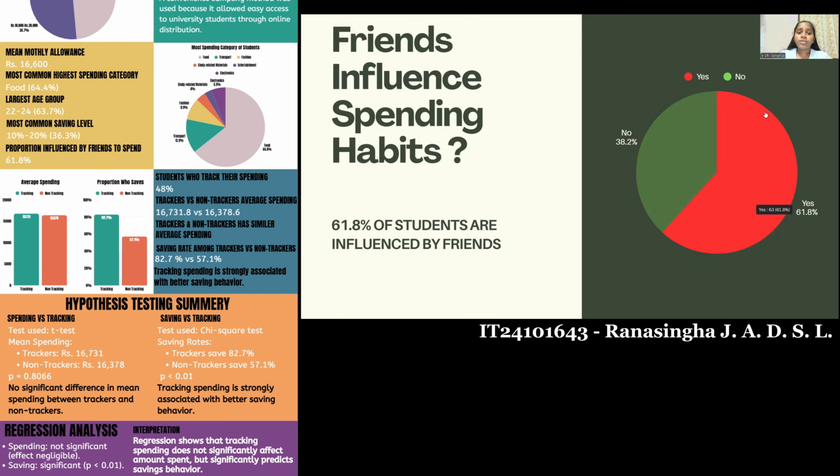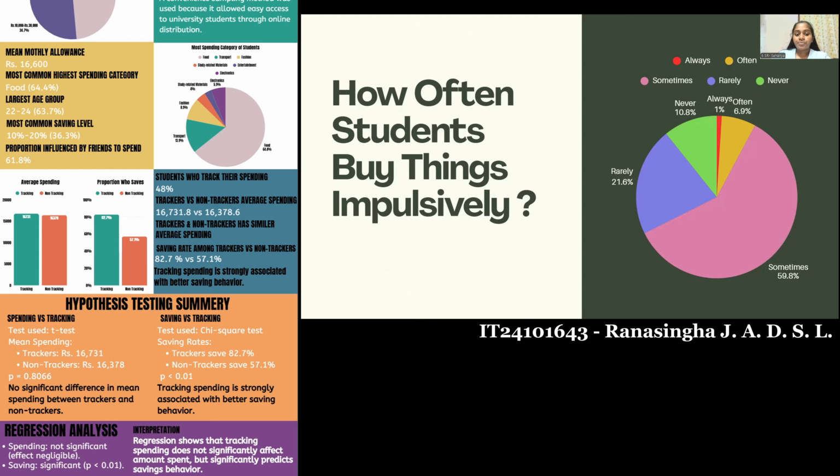This lack of planning can make saving money difficult. In summary, spending does not differ much between groups, but saving behavior clearly differs. Okay, now I will hand over to Thimali, who will explain our hypothesis testing and regression results.